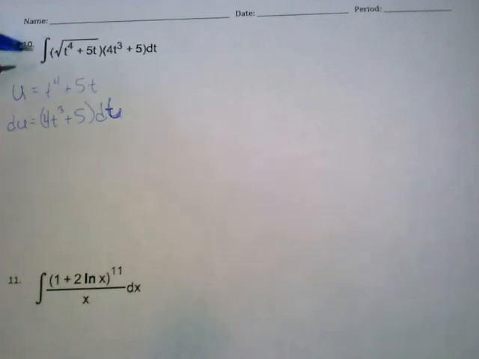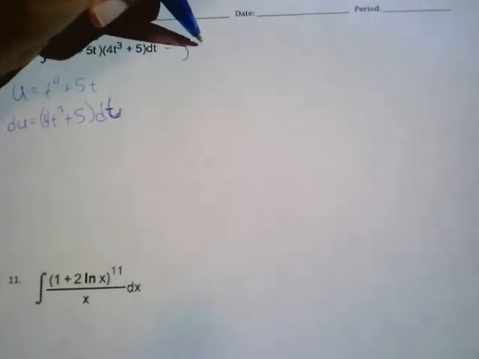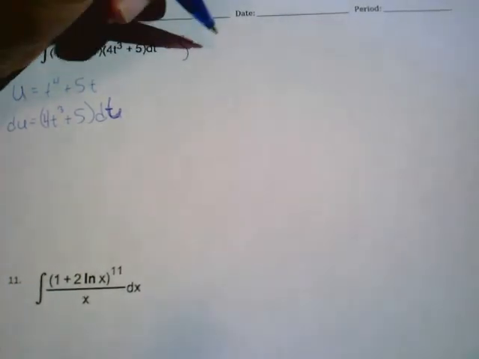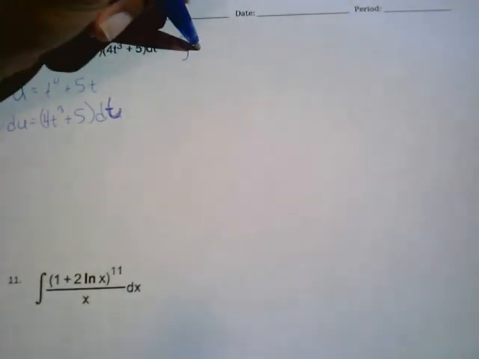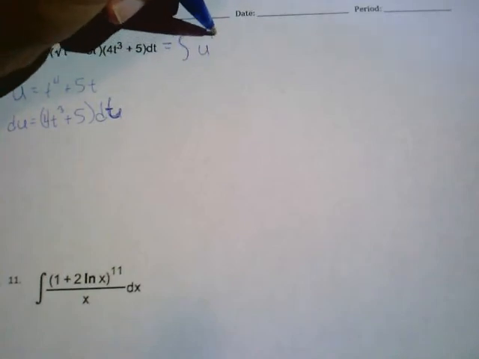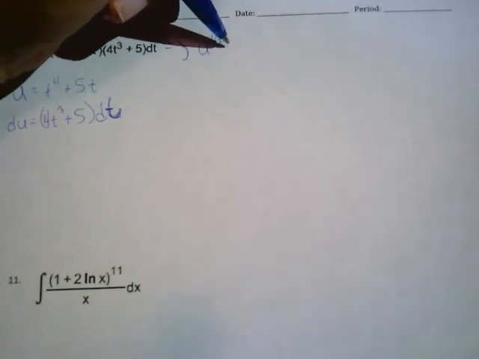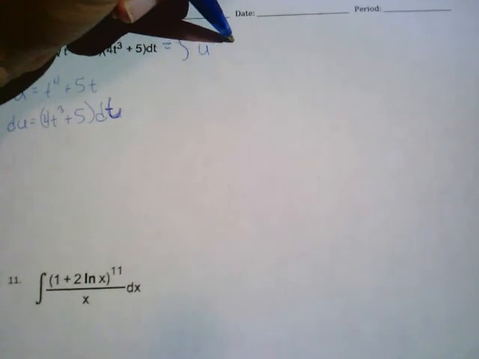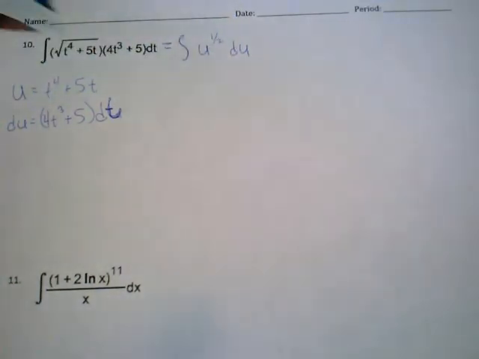So then we can rewrite our integral as the integral of, this will now be u to the 1/2 du. And then we go ahead and finish working that out.